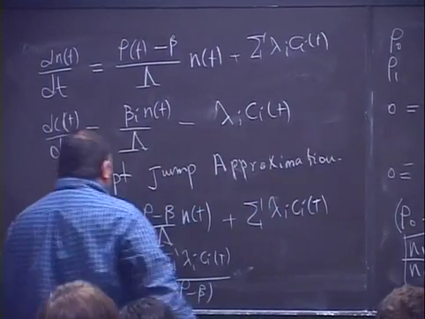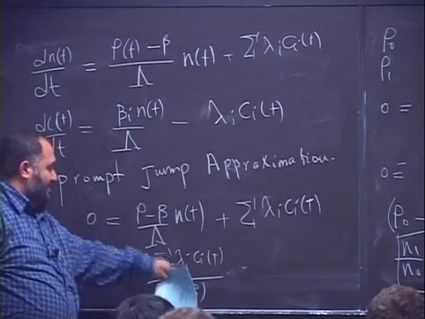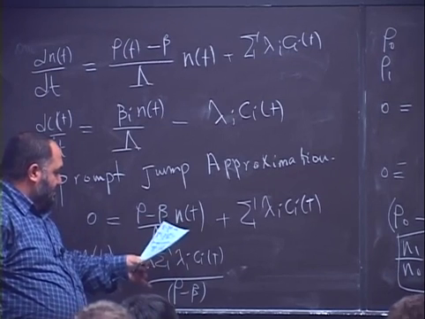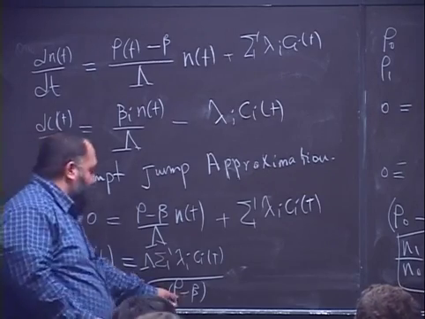In this equation, I flip the minus sign by putting rho minus beta instead of beta minus rho.